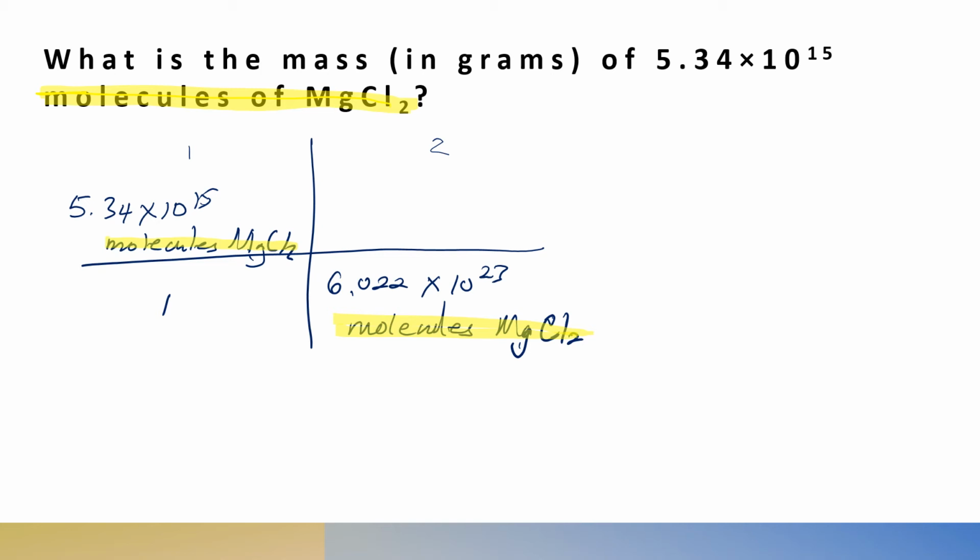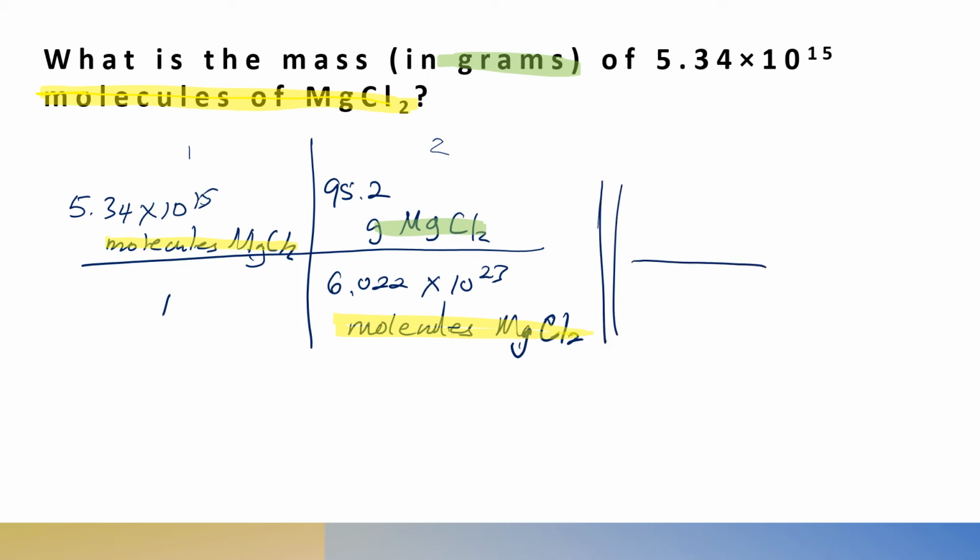So I can do grams of MgCl2. This comes from the periodic table, and the molar mass was 95.2. So 5.34 times 10 to the 15 times 95.2.